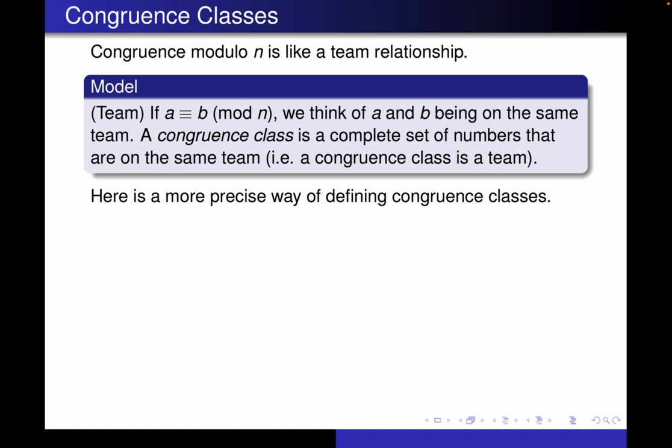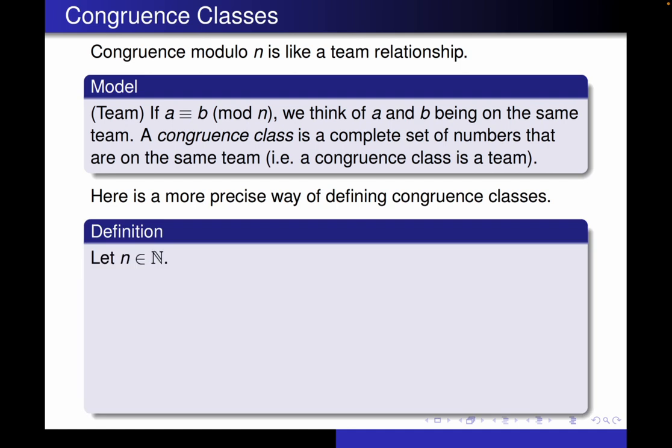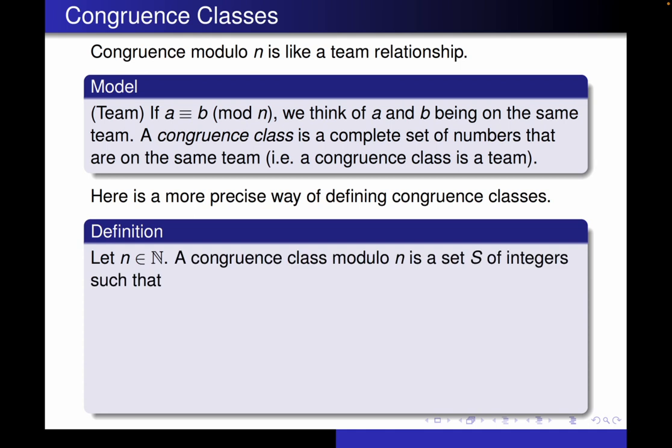So let's see if we can give a mathematically precise way of defining them. The models are great for understanding stuff, but we need precise definitions in order to do math. So for our definition, we're going to let n be a natural number. A congruence class modulo n is a set of integers S such that if 2 numbers a and b are in S, then a is congruent to b mod n. If you have 2 numbers in the same congruence class, they should be on the same team.